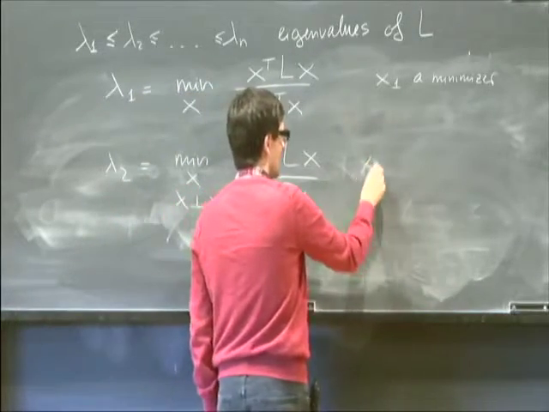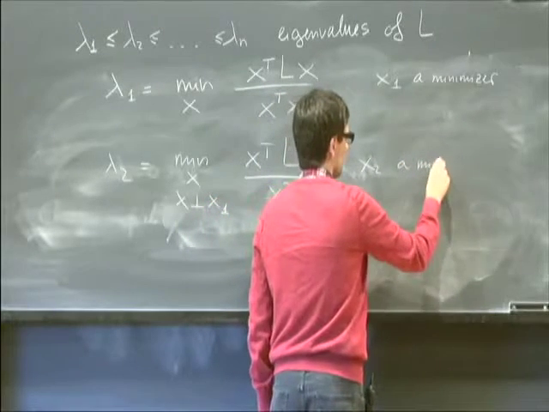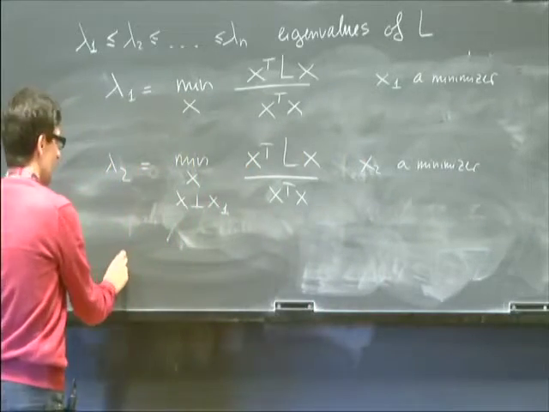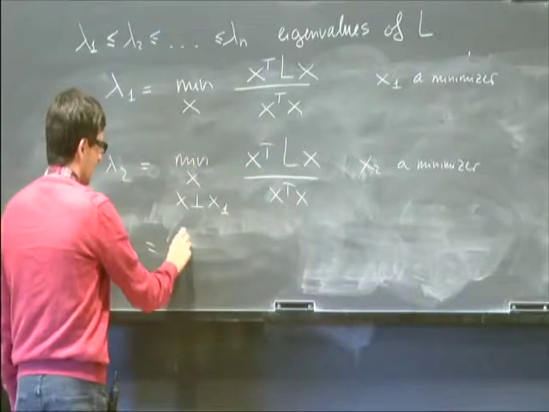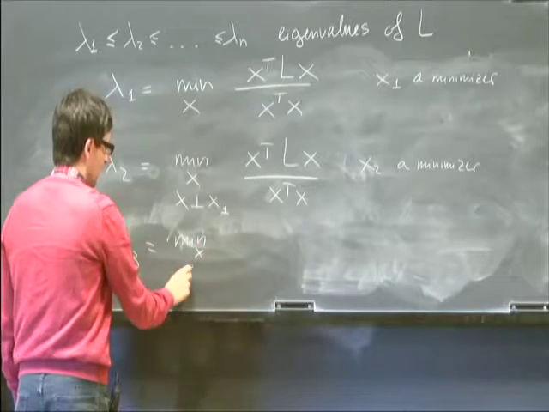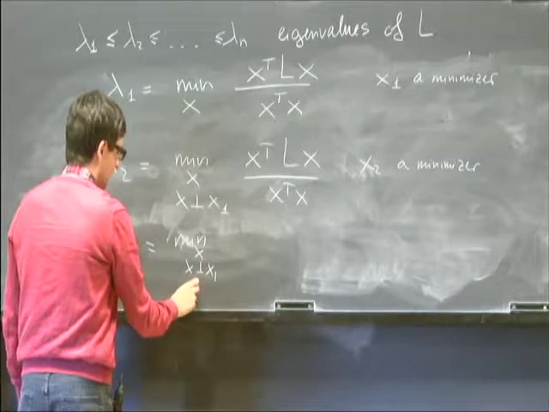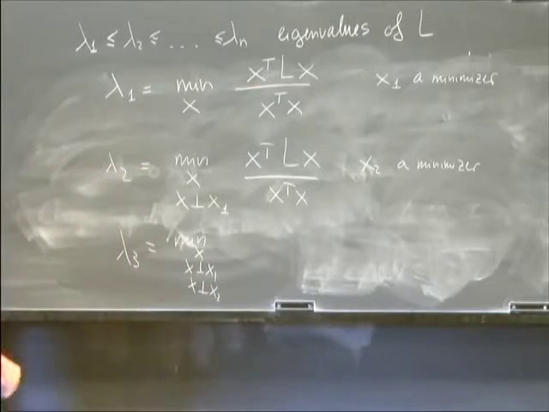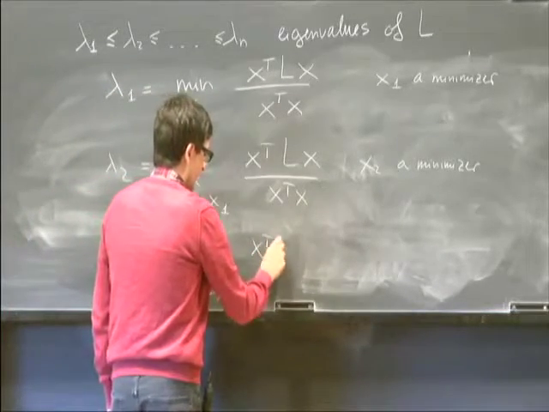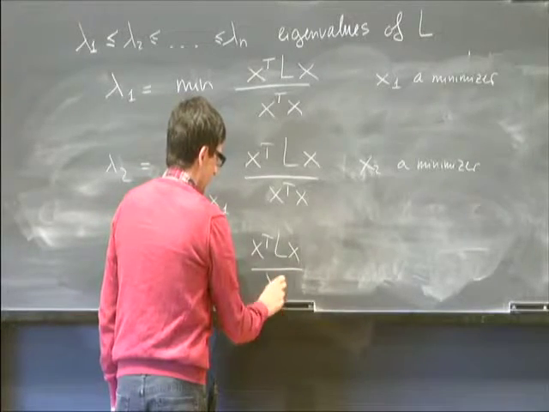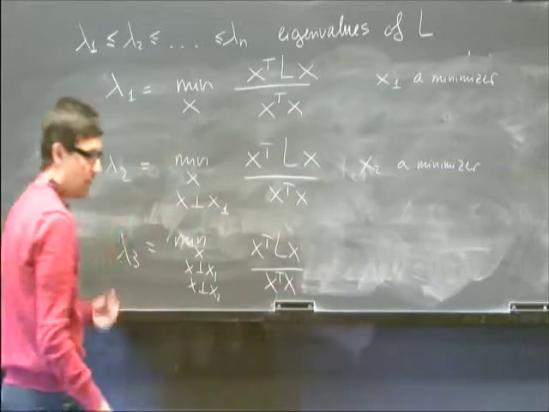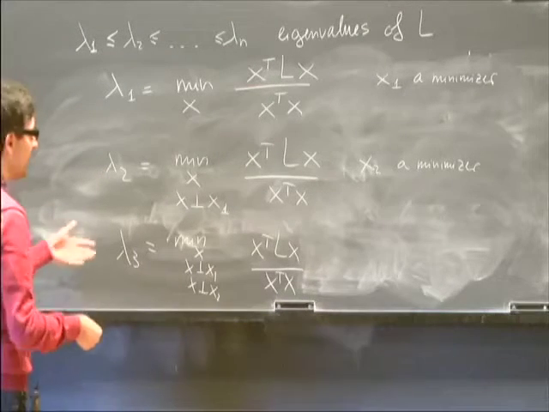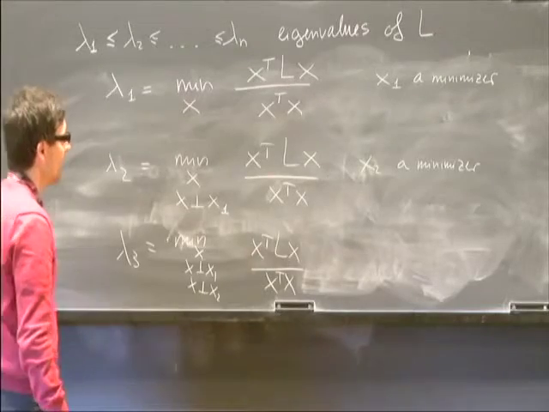Let's say that x2 is a minimizer. And then lambda 3 will be the minimum in the space orthogonal to x1 and x2, and so on. So this is one characterization of the eigenvalues of a Hermitian matrix, in this case, a real symmetric matrix.